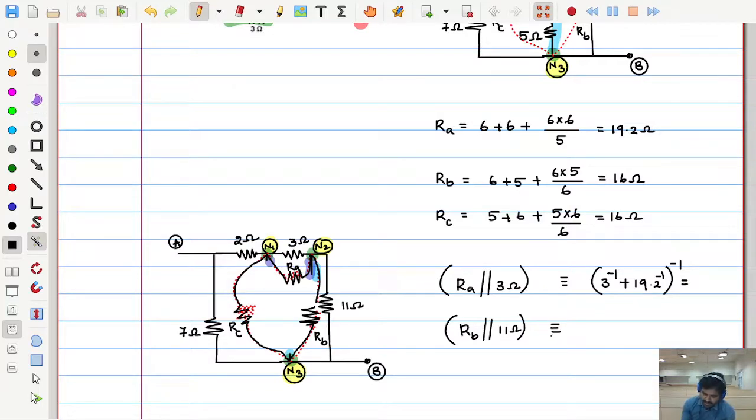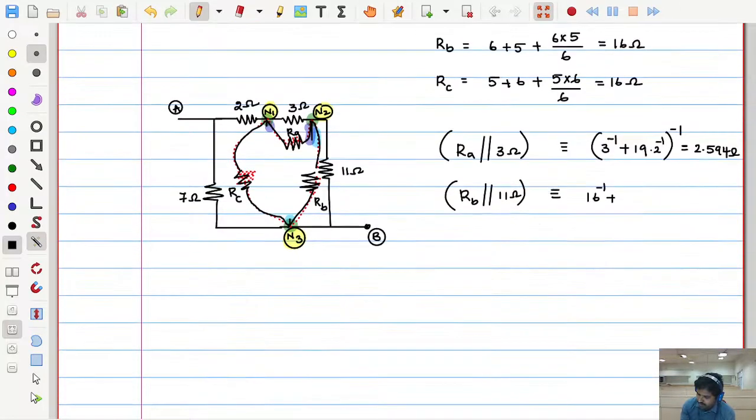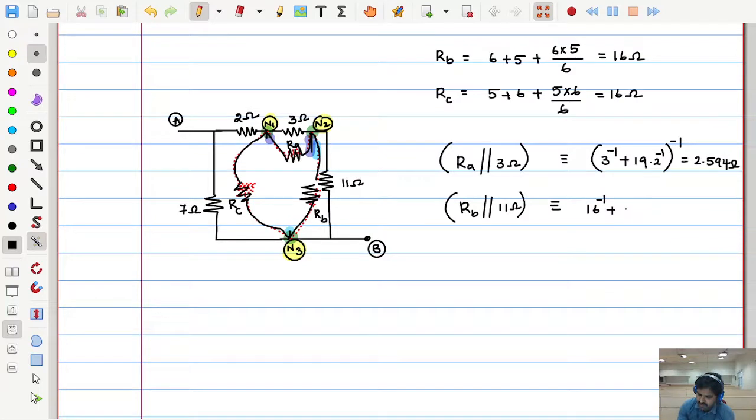Quickly, I need these values very fast. And here also RB is 16. So 2.594, sir. 2.594 ohms. And here also I need 16 inverse plus 11 inverse, whole inverse. So once we get those things, 6.518 ohms.